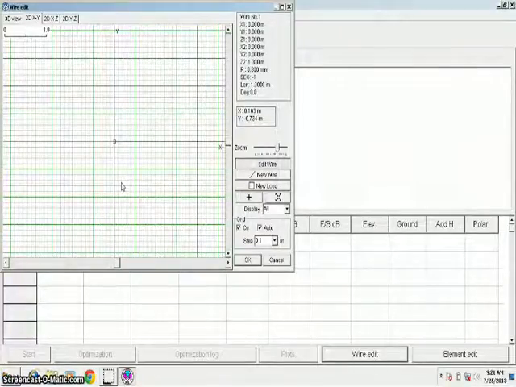I use here four ground planes. Each ground plane length for 7 megahertz band is around 10 meter. So we are going to draw 4 here. New wire.